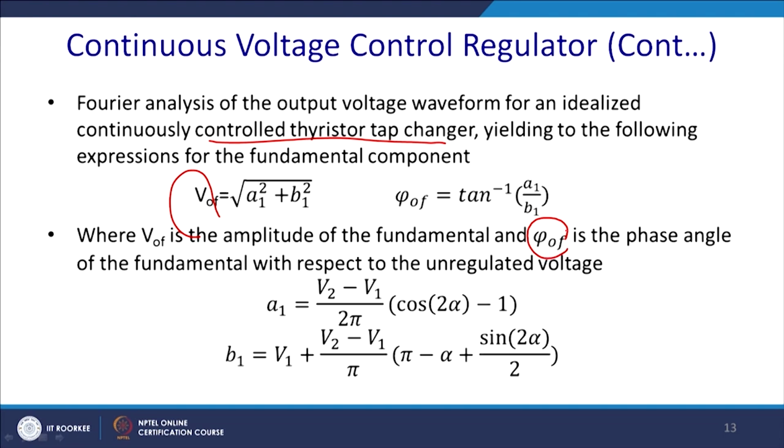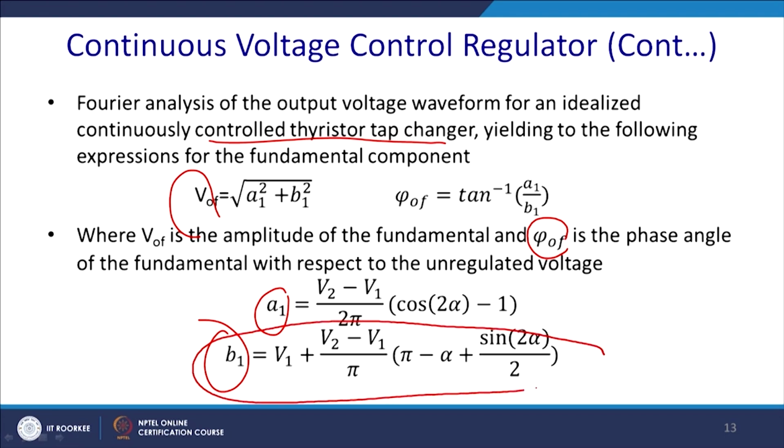With respect to the fundamental, the unregulated voltage A1 will be V2 minus V1 by 2 pi, times cos 2 alpha minus 1, and similarly we can calculate B1 by Fourier series analysis; that will be V1 plus V2 minus V1 by pi times pi minus alpha plus sin 2 alpha by 2. Again, these equations have a problem: we have to solve them iteratively for different values of alpha.